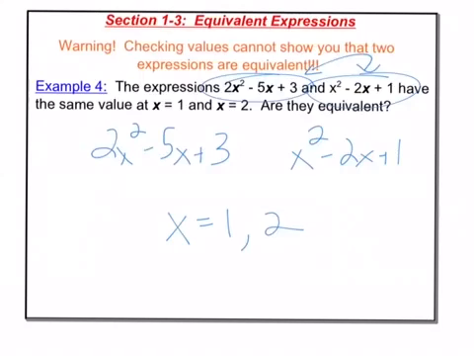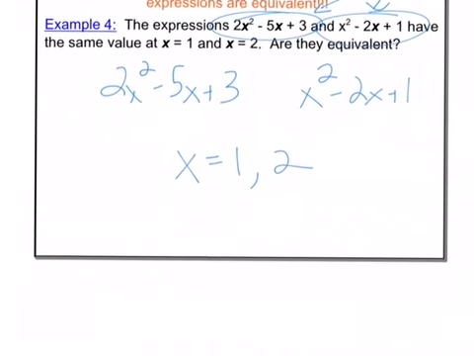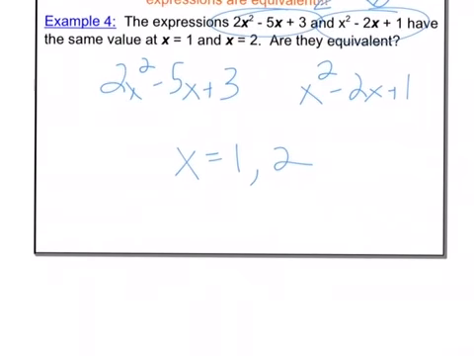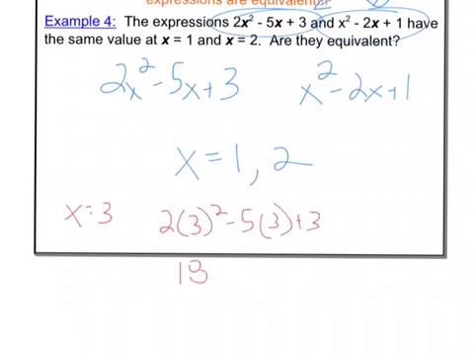But the way we confirm that they're not equivalent is to pick one other value to show that they're not equivalent. So let's say if you picked x is equal to 3 and tried that and plugged it in. So we get 2 times 3 squared minus 5 times 3 plus 3. So that's going to give me 18 minus 15 plus 3, which gives me 6.